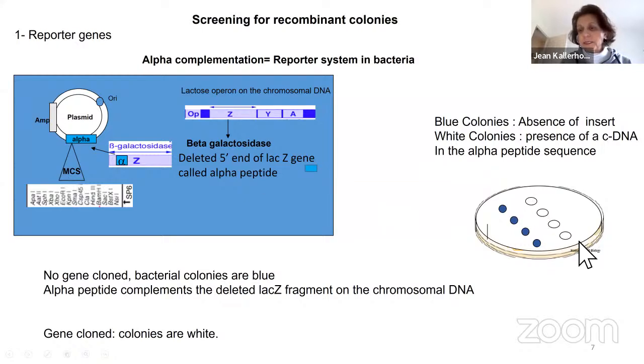In the white colonies, there is a sequence that has been introduced within the multiple cloning site, and this has caused a disruption of the alpha sequence, and because it is disrupted, it cannot complement the 3' end of the Z gene, and therefore there will be no active protein, and therefore you will not get any blue color.